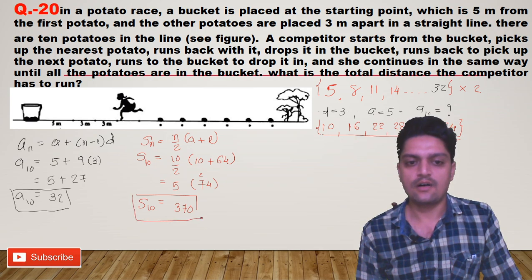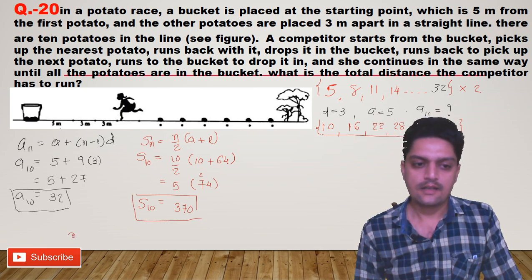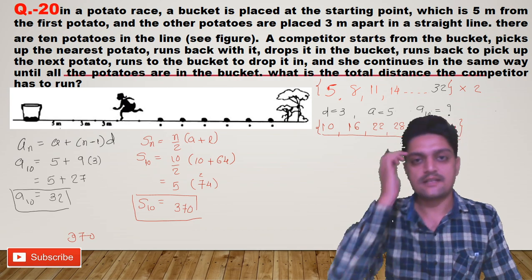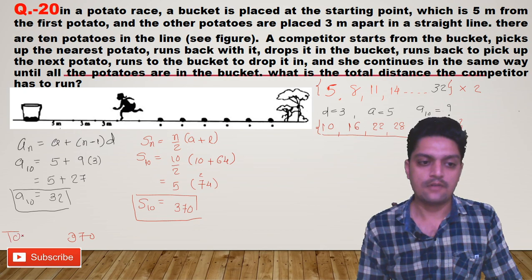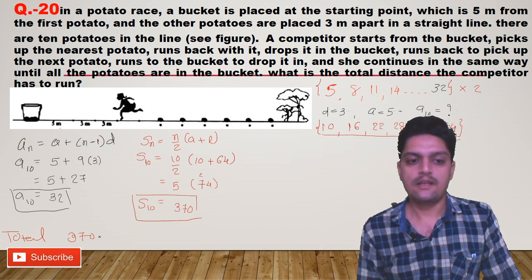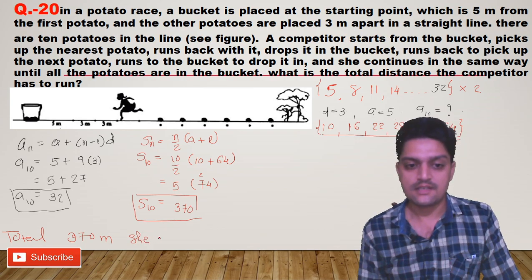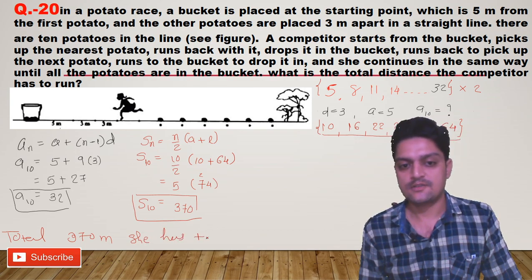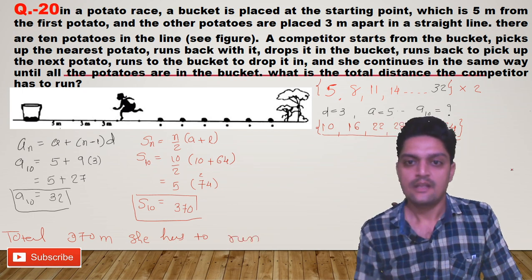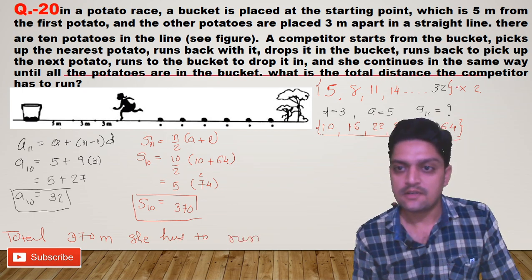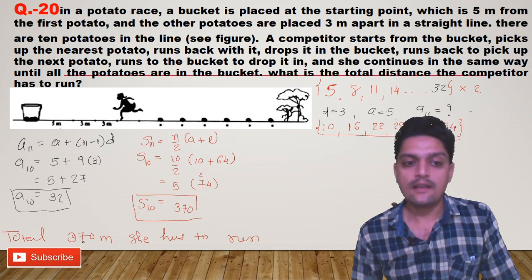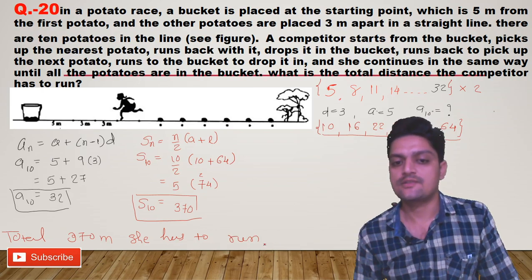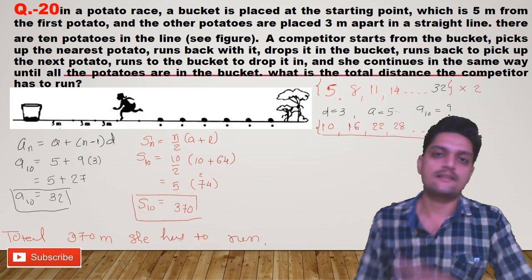It means the total, because the last answer should be in statement form, you have to write: total 370 meters the competitor has to run. Because the question asks what is the total distance the competitor has to run. So total 370 meters she has to run. This is your final answer.